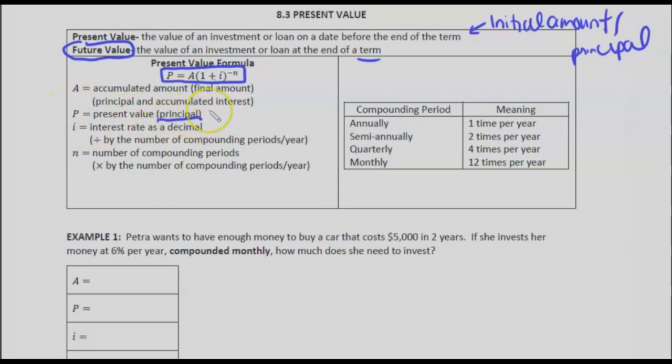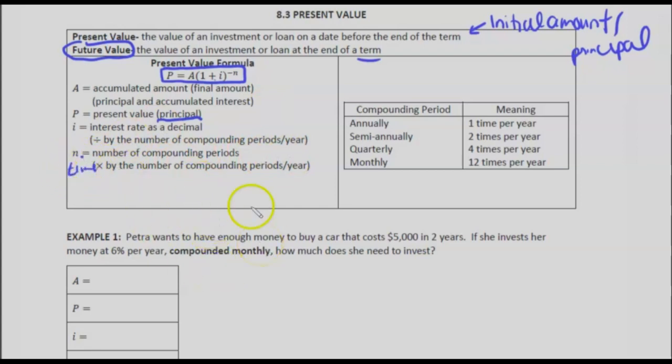We've been calling it principal up until now. It's also called the present value. Okay, I is the interest rate as a decimal. And remember, we take that decimal and we divide it by the number of compounding periods. And N is the number of compounding periods. So this is just like the number of years, usually time, right?